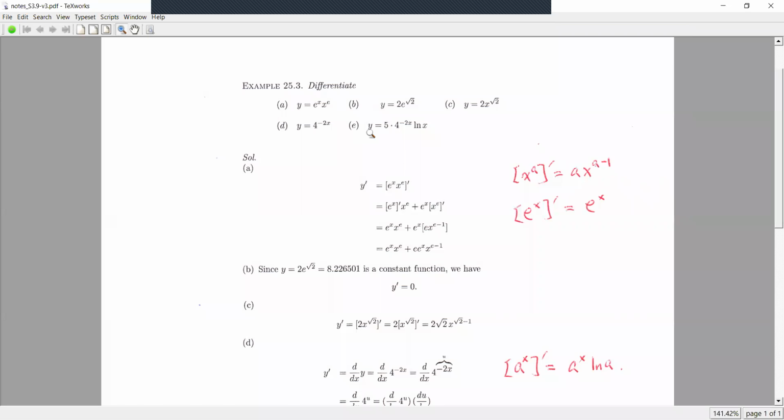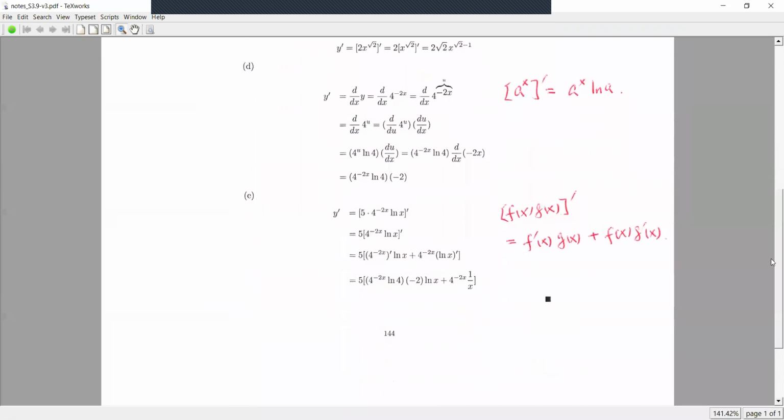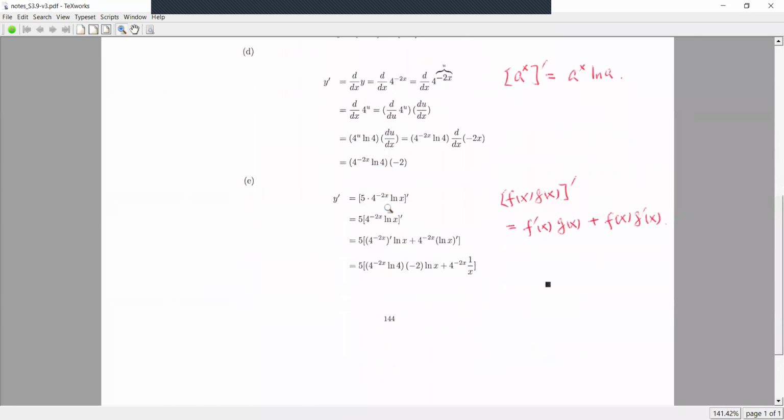Part E. The function in part E is a constant times a function times another function. To compute the derivative of the function, I apply the product formula. Now, take derivative on the function. I first move out the constant to get this equation.